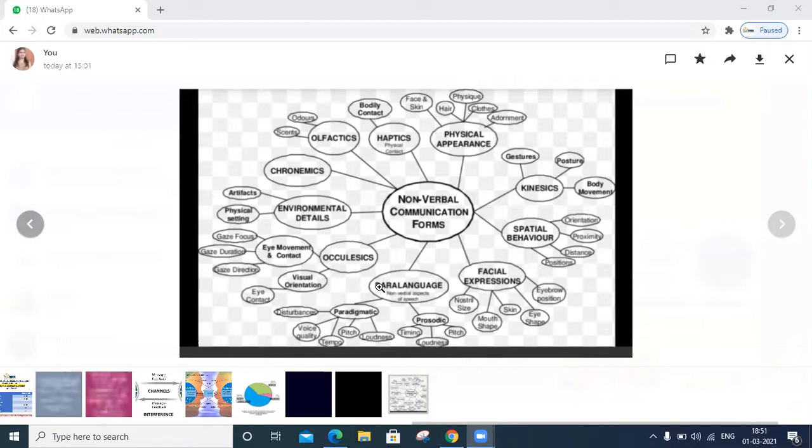I repeat, OCULESICS, okay, oculesics. So this word oculesics is derived from what? From your eyes, eyesight, okay.